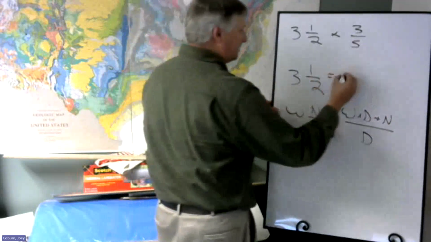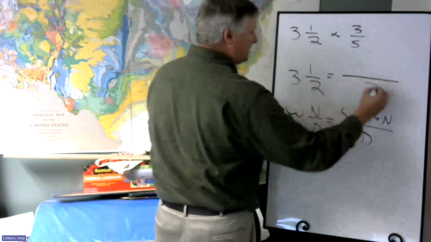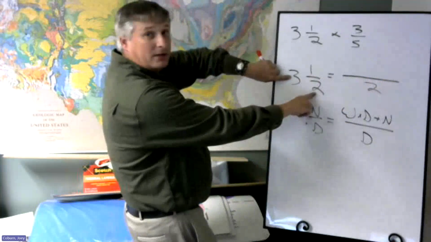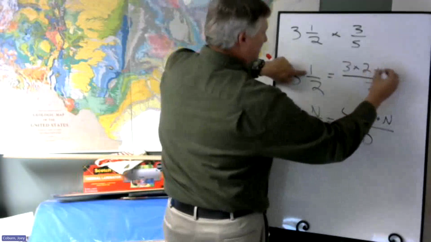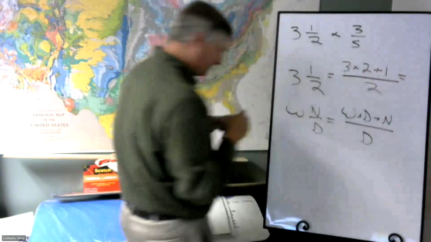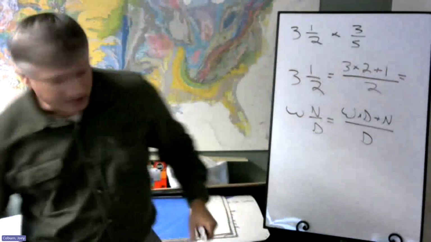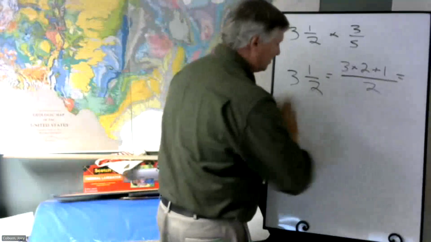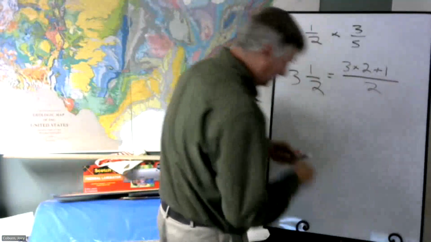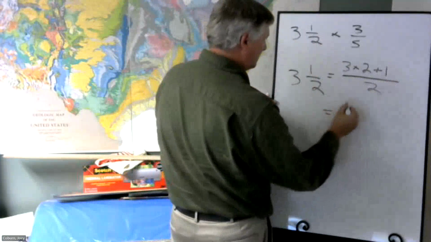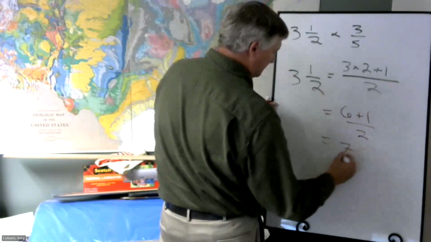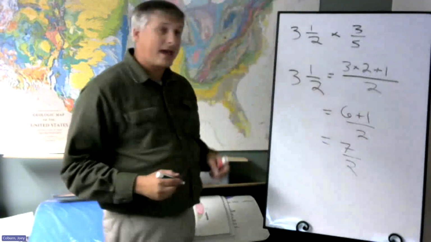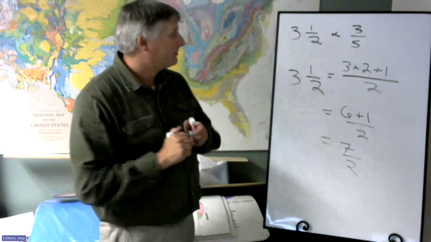So for this one, we keep the D, multiply W and D, add n. And what that'll do is convert 3 1/2 to 7/2.